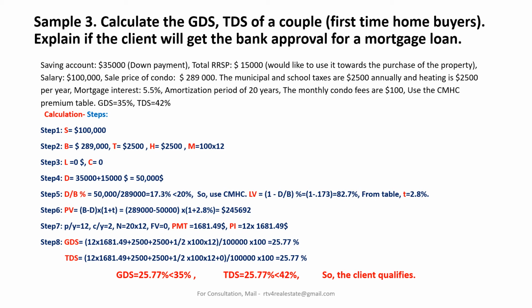Step 3, L equals 0, C equals 0. Step 4, D equals $35,000 plus $15,000 equals $50,000. Step 5, D by B percent equals 50,000 by 289,000 equals 17.3% less than 20%. So, use CMHC.